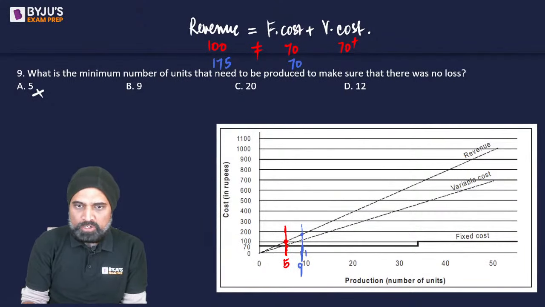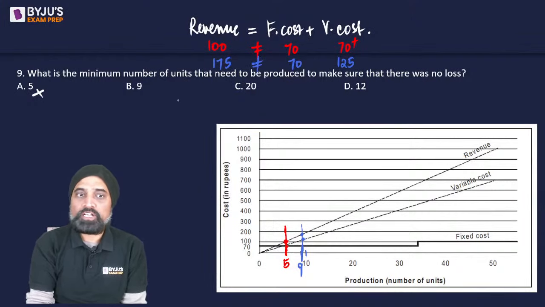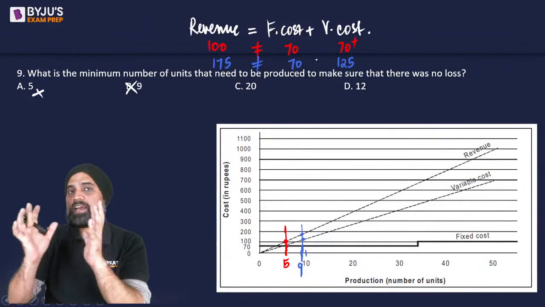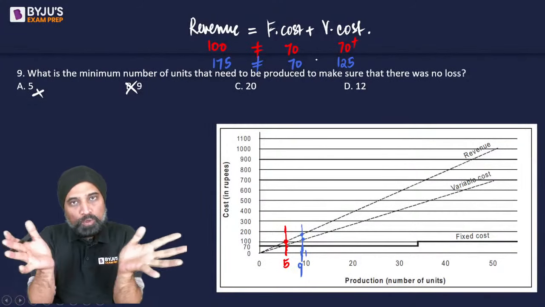What is variable cost? Can we say variable cost is between 100 and 150? 120, 125? Right? More than 110. So if we add this, they are not equal. So B can't be our answer. So we can see that the gap between the revenue and the sum of the two costs is decreasing. Earlier there was a big gap, now it has come close.